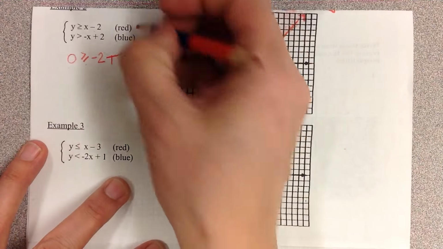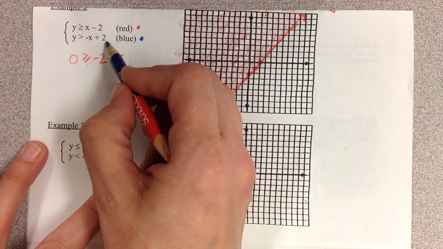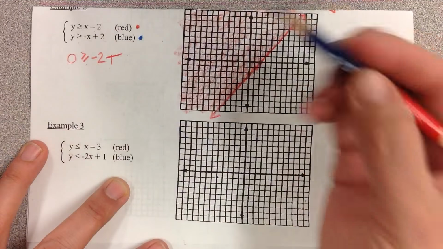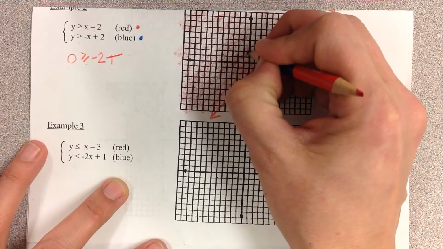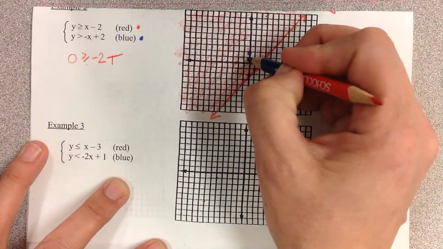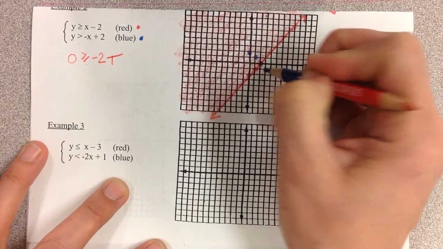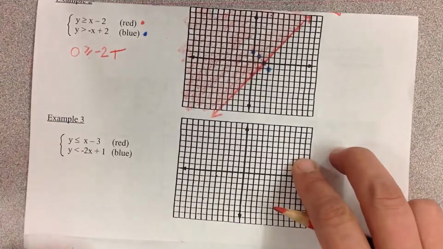The second inequality, which we're going to shade blue, is going to start, or our boundary line is going to begin at 2 on the y-axis. It has a slope of negative 1. So that means down 1 to the right 1, down 1 to the right 1, down 1 to the right 1. This is a dashed line.